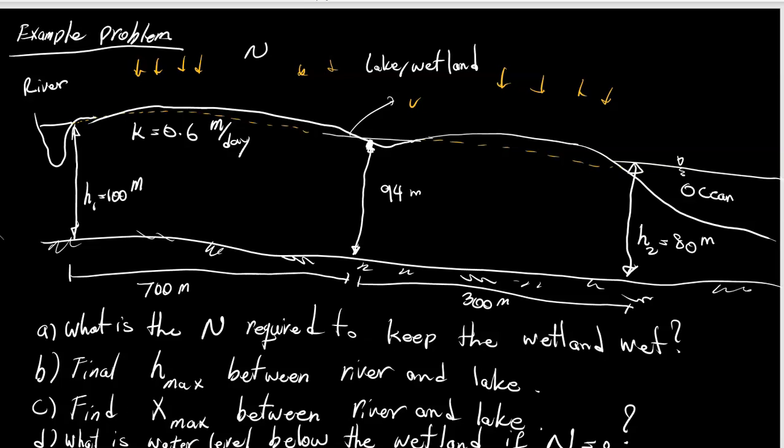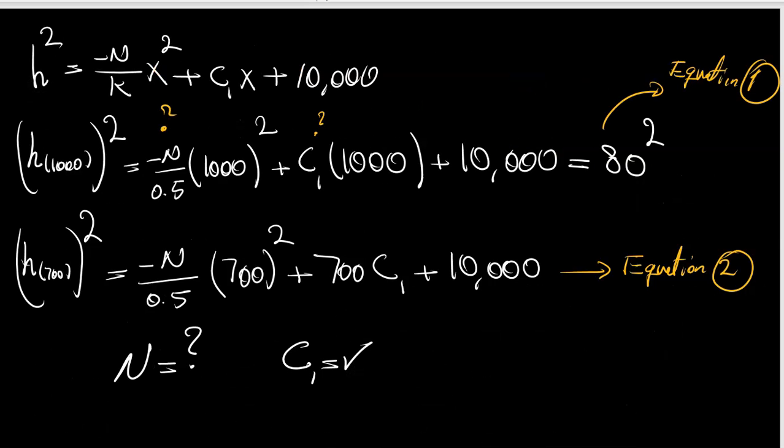And the last question was, what is the water level between the wetland if n is 0? If n is 0, and you write the governing equation from the beginning, this is given, n is 0.